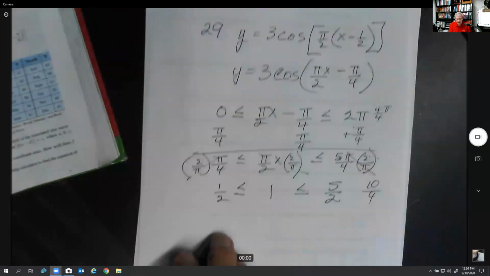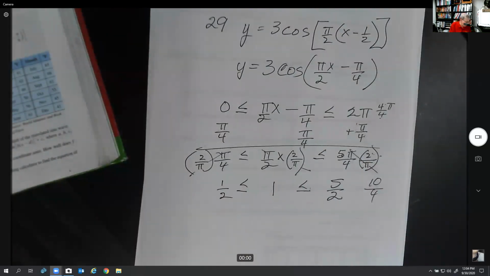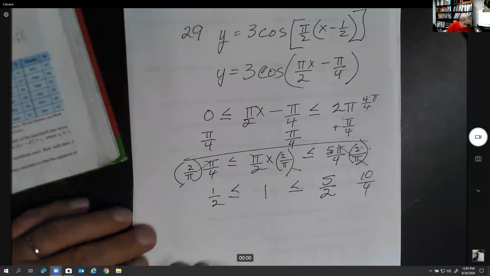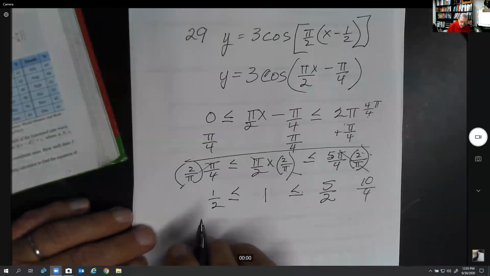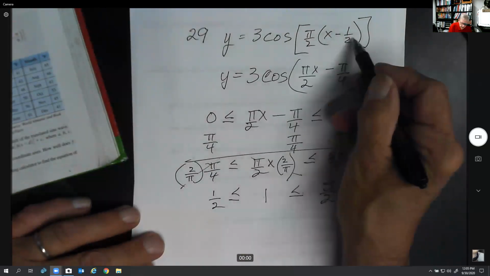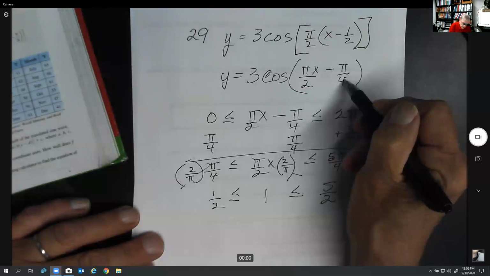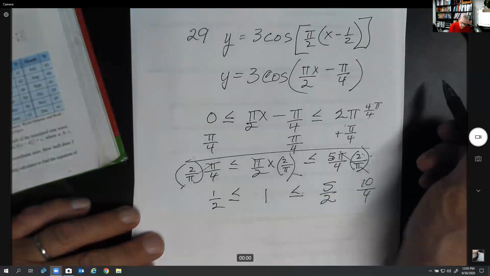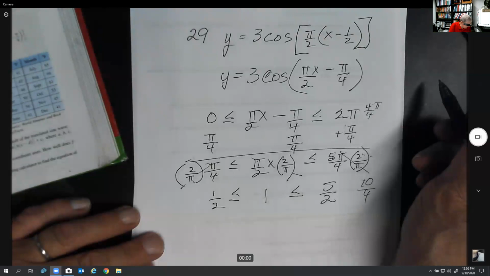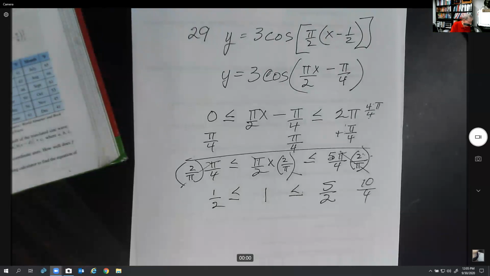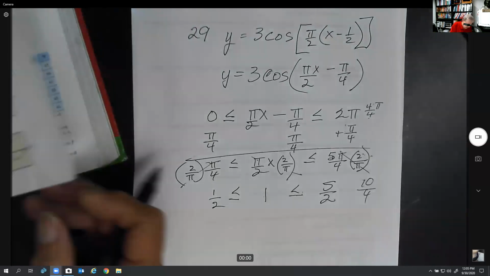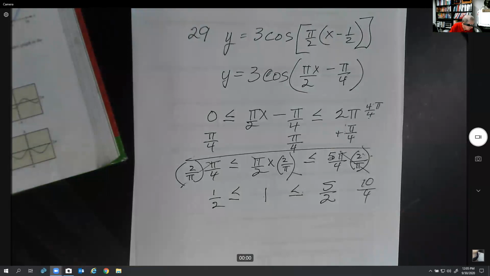So this is kind of a weird looking little problem, huh? Did I multiply that out right? Let me check something. A weird little problem here, isn't it?